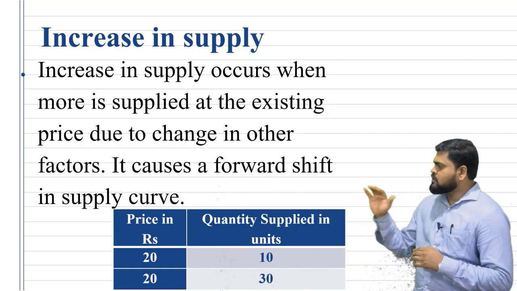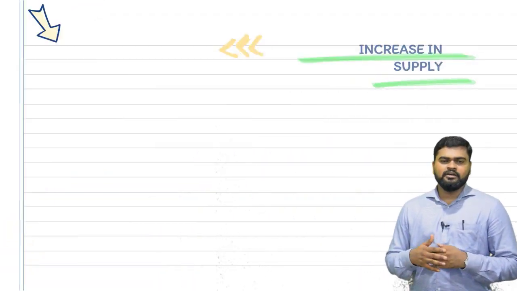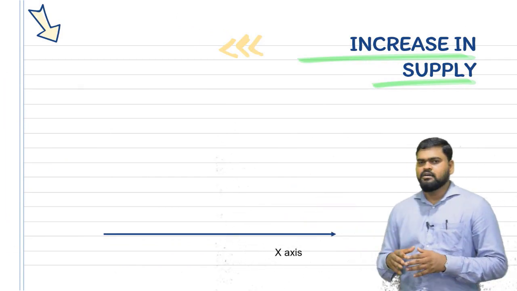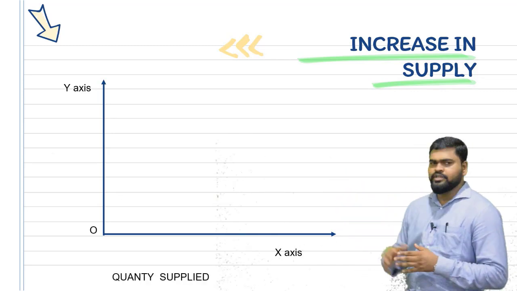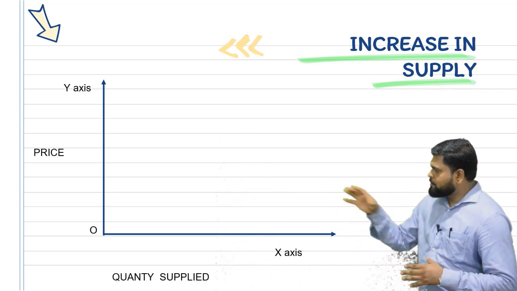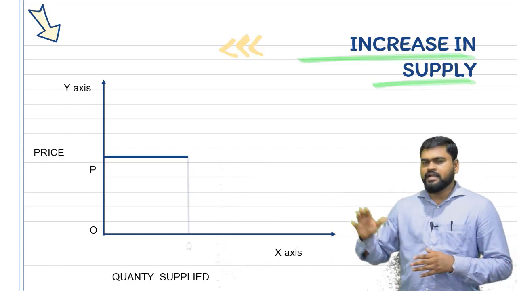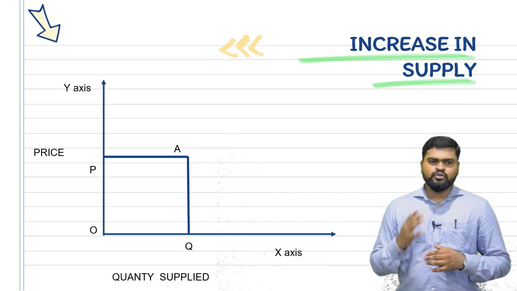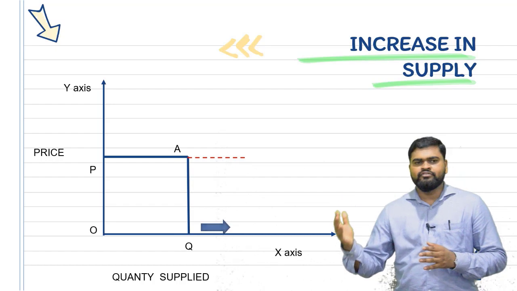Let us move on to increase in supply curve. First we have x-axis, we have y-axis. On x-axis we denote quantity supply, on y-axis we denote price. OP is the price. At price OP, OQ is the quantity supplied at point A. When price remains constant, that is OP, quantity supply increases from OQ to OQ1.